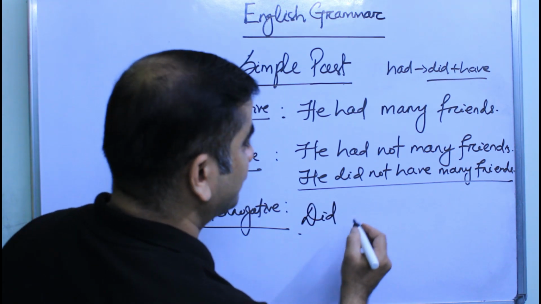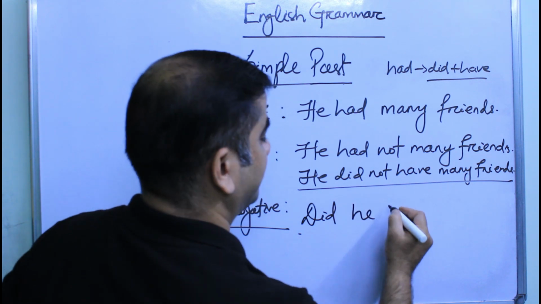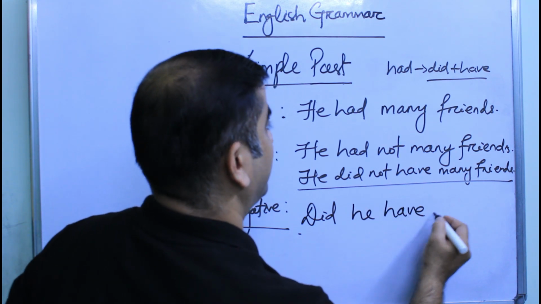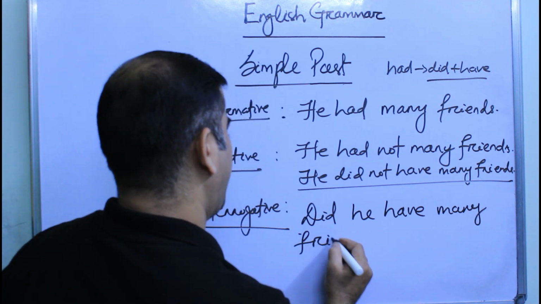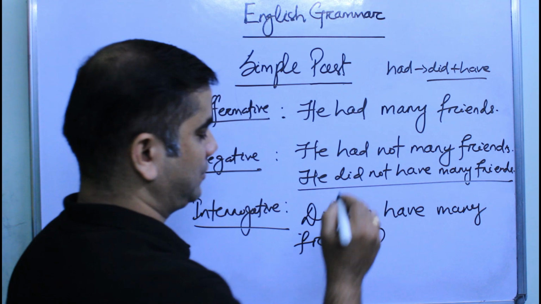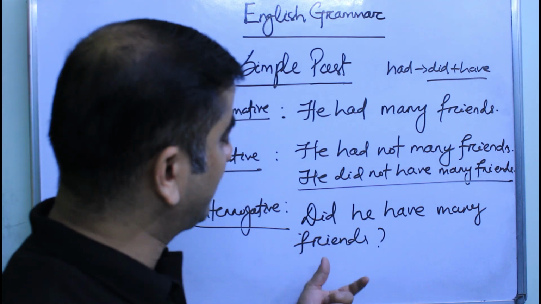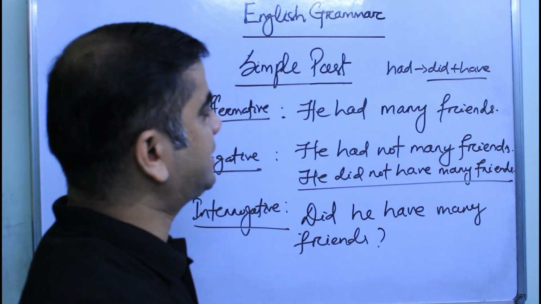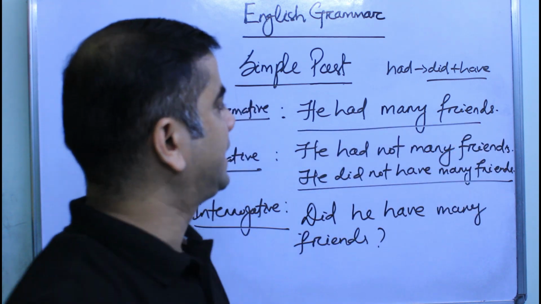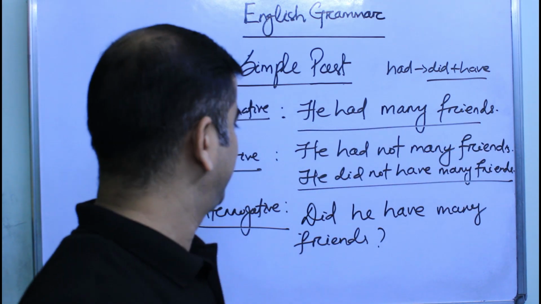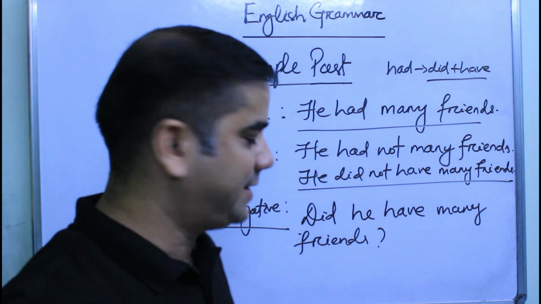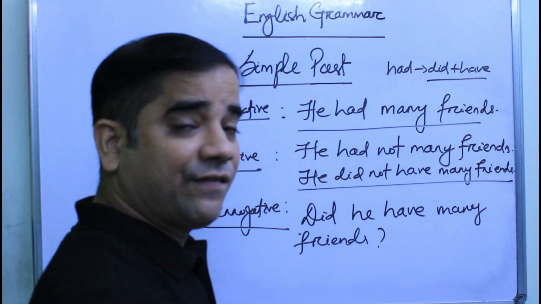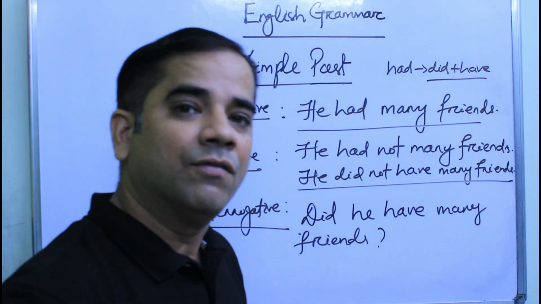So did he have many friends? So in this way we can form the interrogative sentence out of the affirmative sentence. He had many friends. He had not many friends. He did not have many friends. Did he have many friends is in its interrogative form.